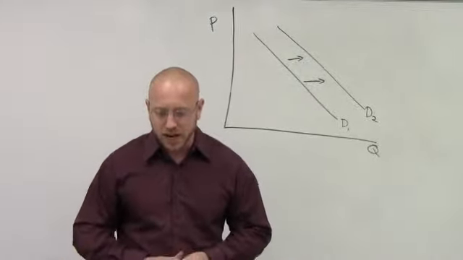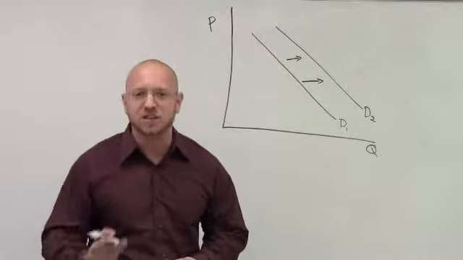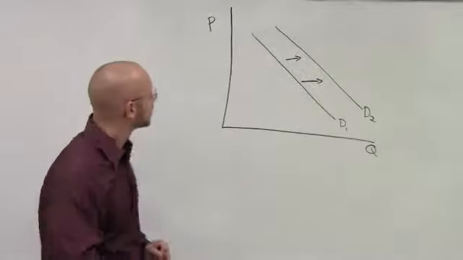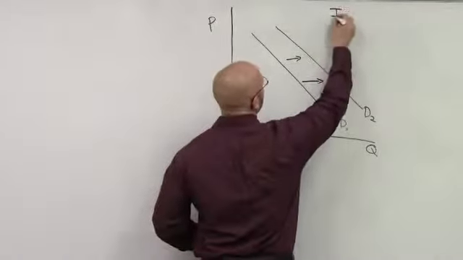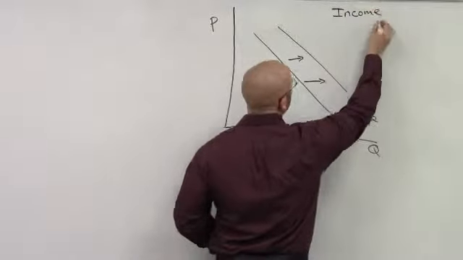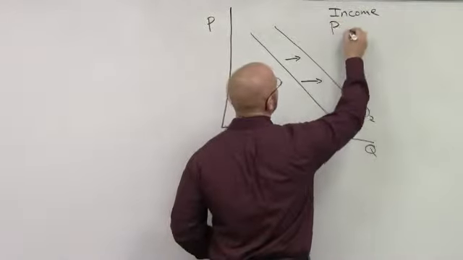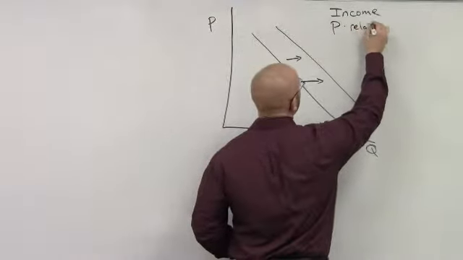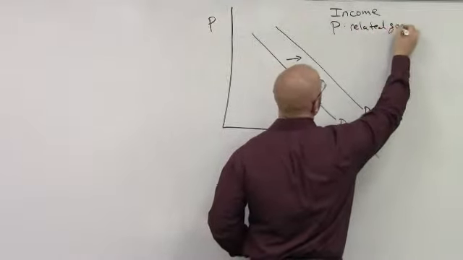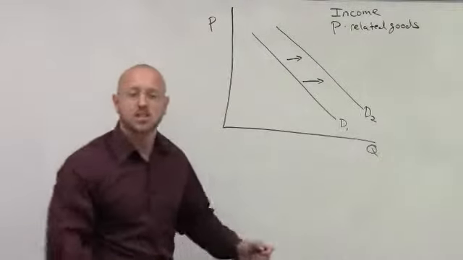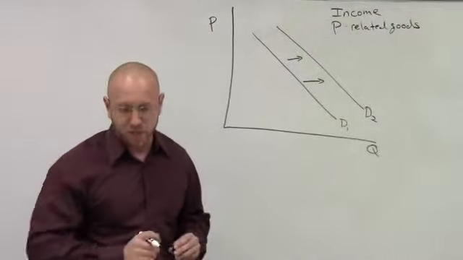But we're going to have a list of five things that shift demand. Income is going to shift demand. Price of related goods is going to shift demand.